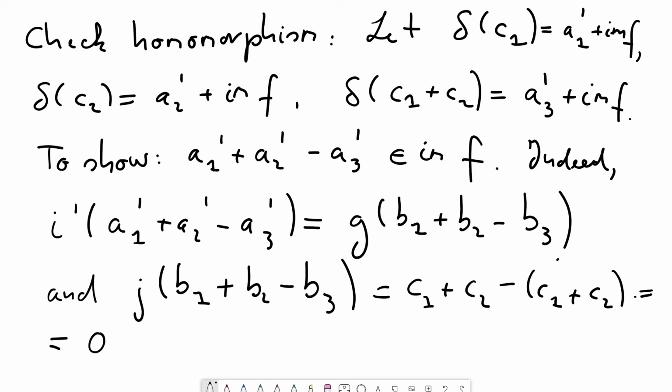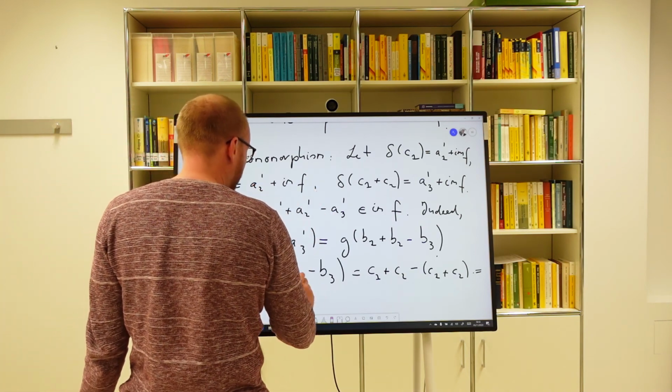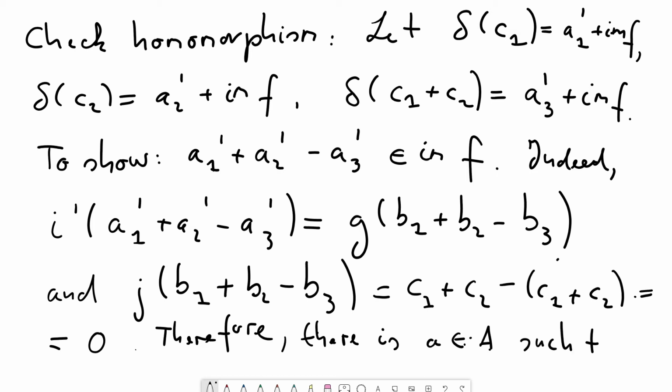And now again, there's only one thing I can say. Well, this just means that this element lies in the kernel of J. So therefore, this element lies in the kernel of J, which by exactness of the upper sequence is equal to the image of I, and therefore I find a pre-image under I. So therefore, there is A in A such that I maps this element to this sum.